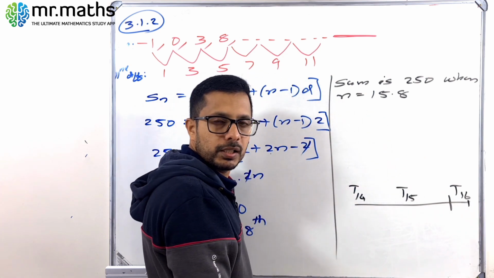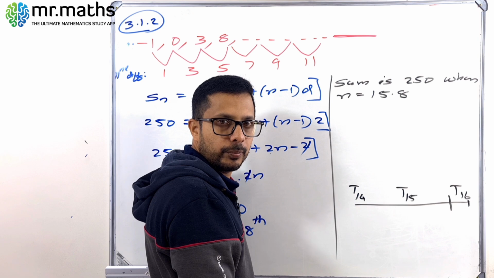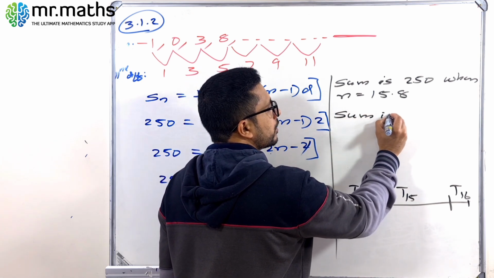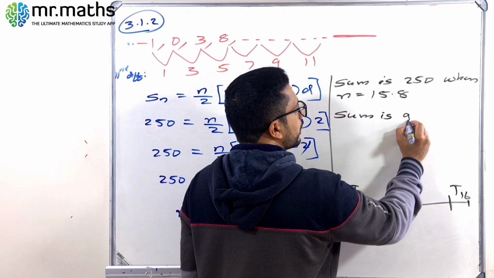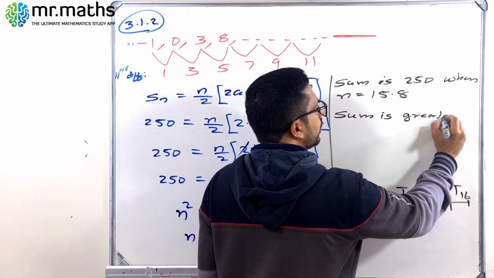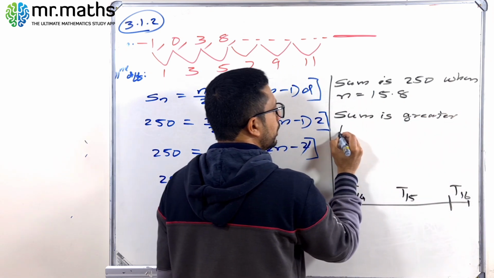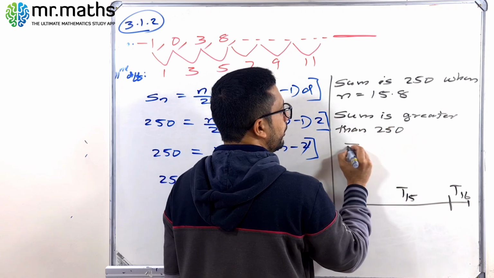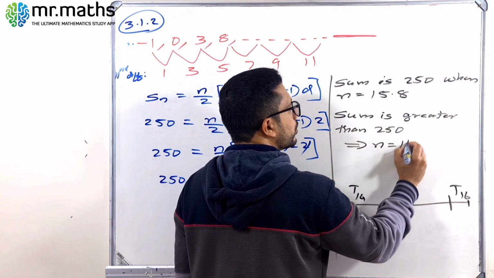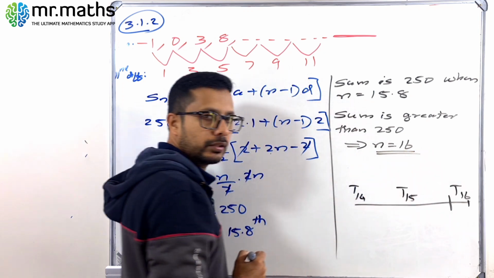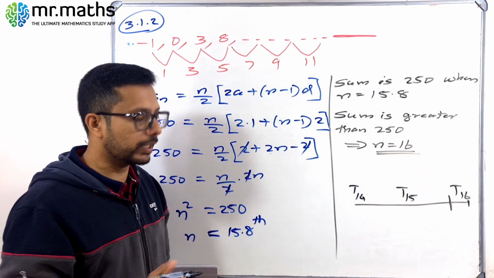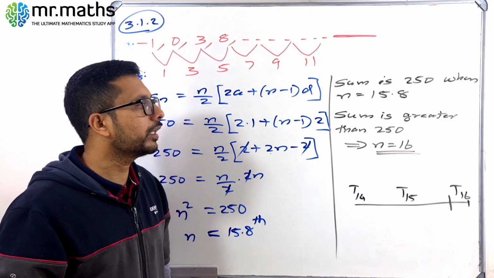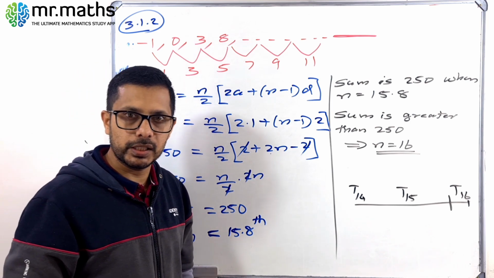That is the 16th term. So sum is greater than 250 implies that n is equal to 16. That is not the answer. Don't think that's the answer.